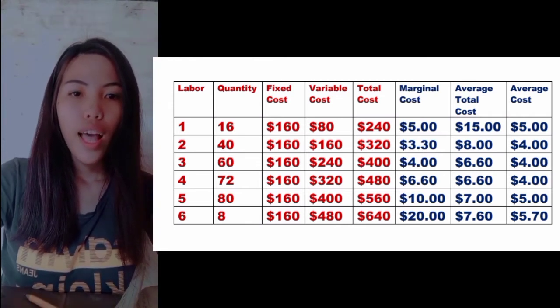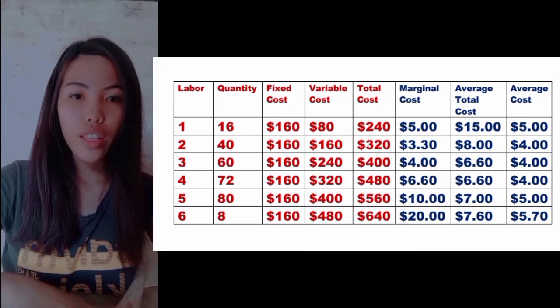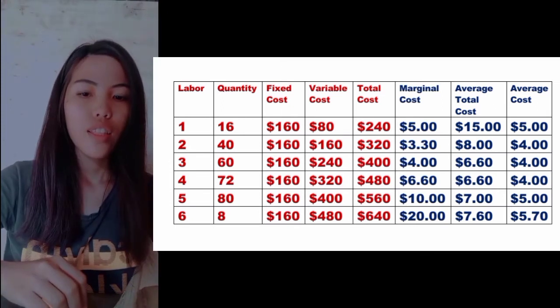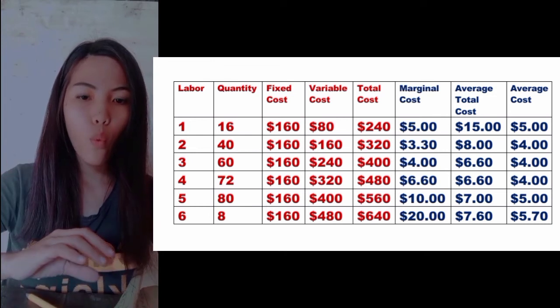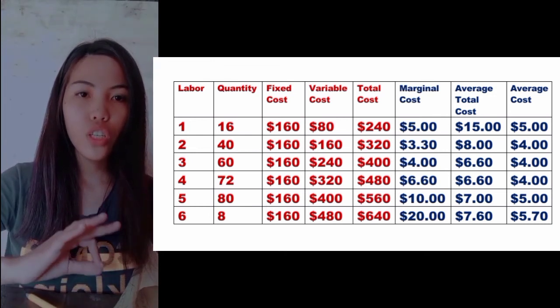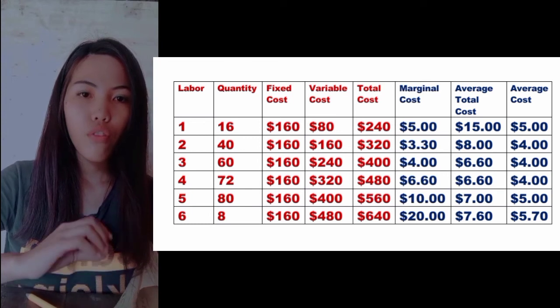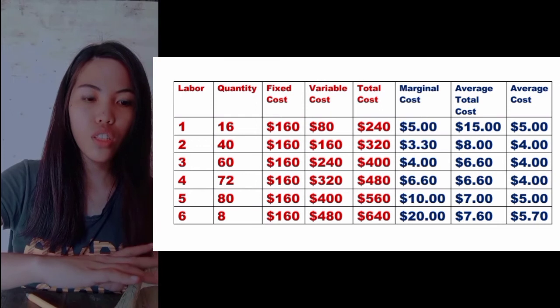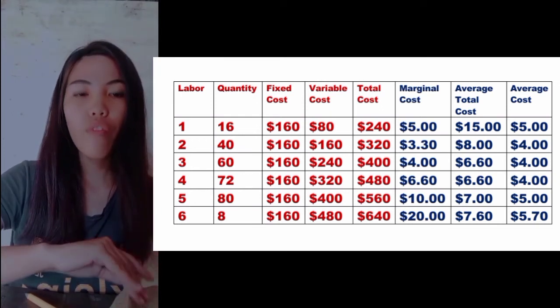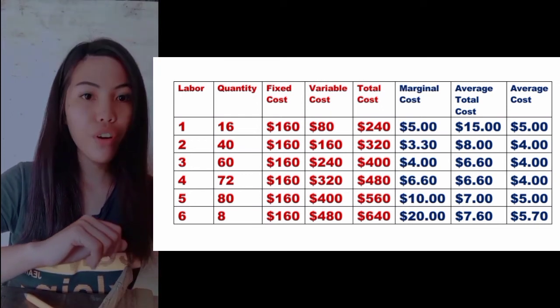In column 1, the labor is indicated. Then the second column is the quantity. The third column is the fixed cost. The fourth column is the variable cost. The fifth is the total cost. So these 5 columns are very familiar to us.